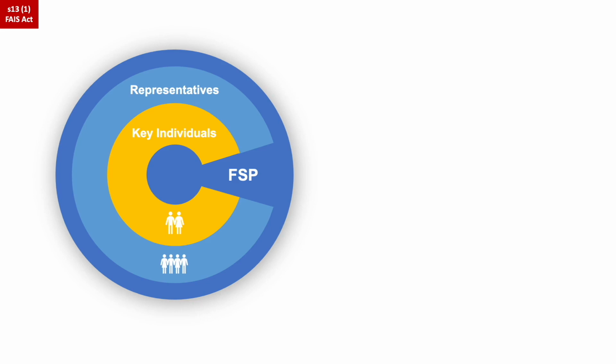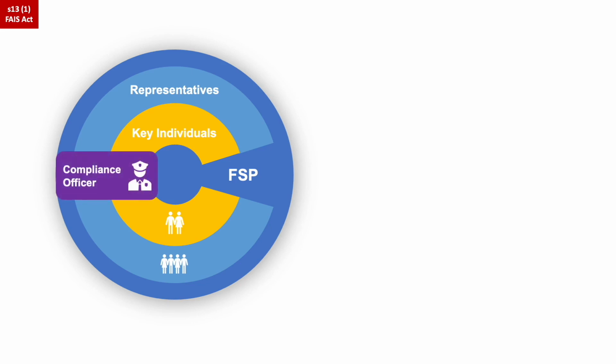The key individuals also are in charge and oversee the work of the representatives. Just remember, the key individuals take responsibility for the representatives, but for representatives under supervision, the key individuals do not necessarily need to be the supervisor, as we saw in Qualifying Criteria 6.